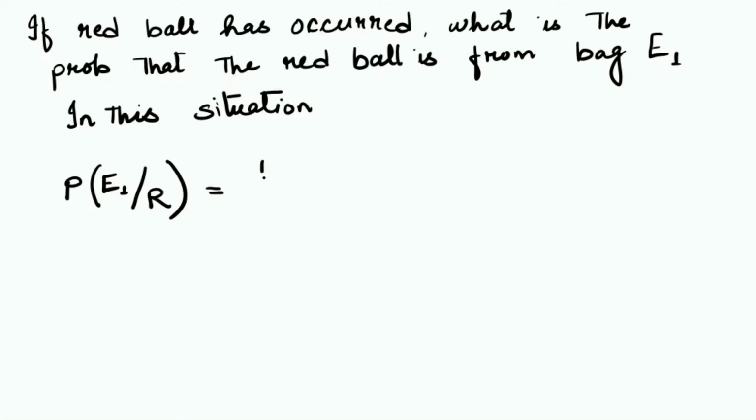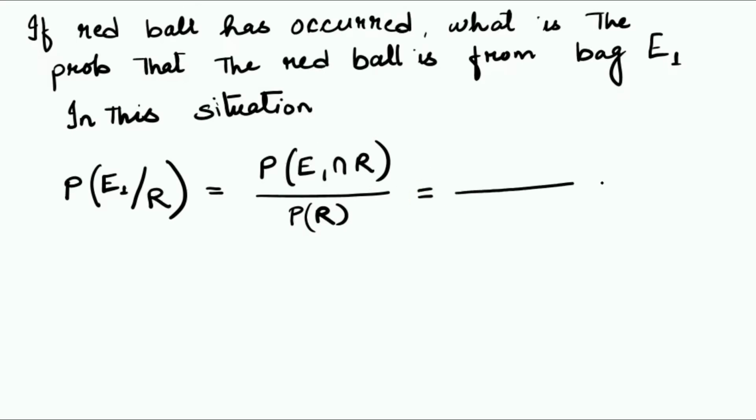So can I write this as probability of E1 intersection R divided by probability of R, from conditional probability? Yes. Okay. Now how did we write this intersection part? I wrote it like this: probability of E1, right? So E1 has happened. If you have seen the previous video, I have written it like this.